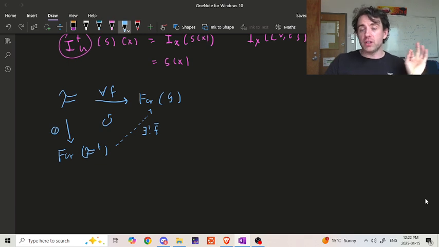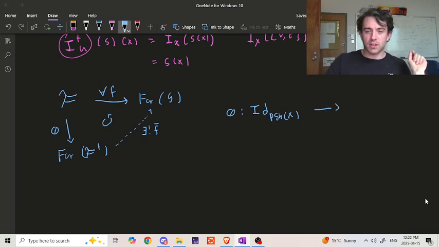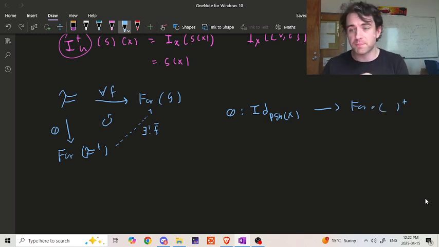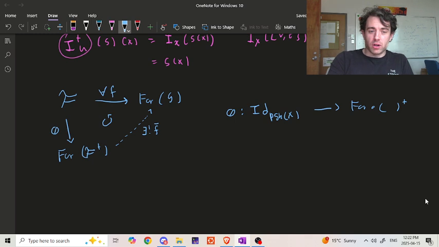So to really just finish claiming that this is a unit, all I need to do is convince you that theta determines a natural transformation between the identity on the category of pre-sheaves and the composition of the forgetful functor with sheafification. Okay. So what do we need to do that?